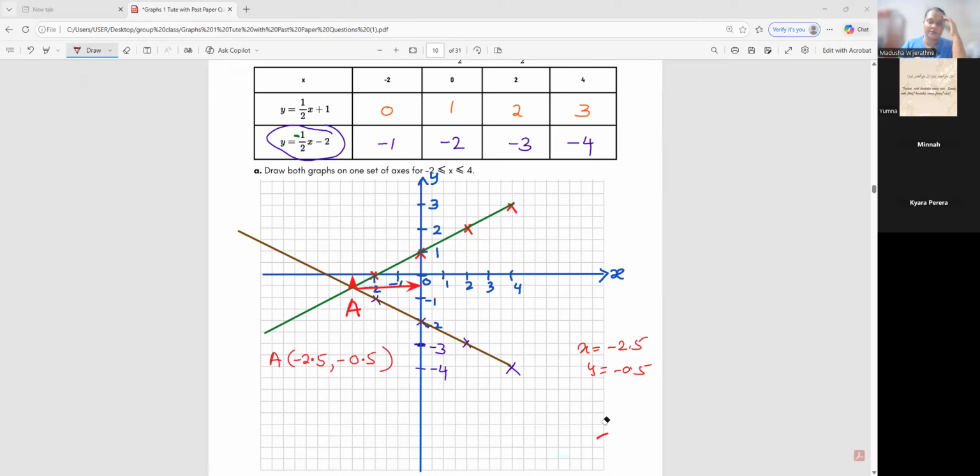Simultaneous equations answer is this. This is the coordinate of the intersection point.